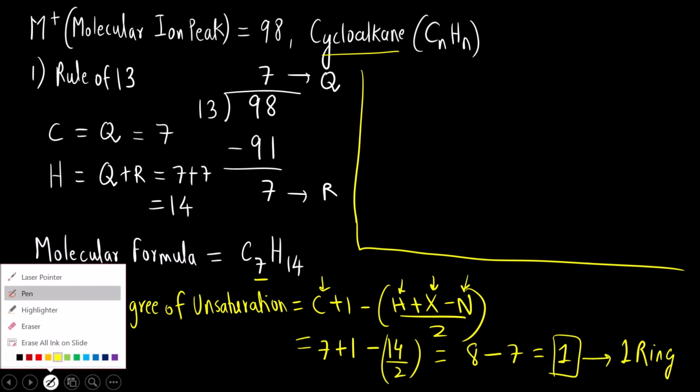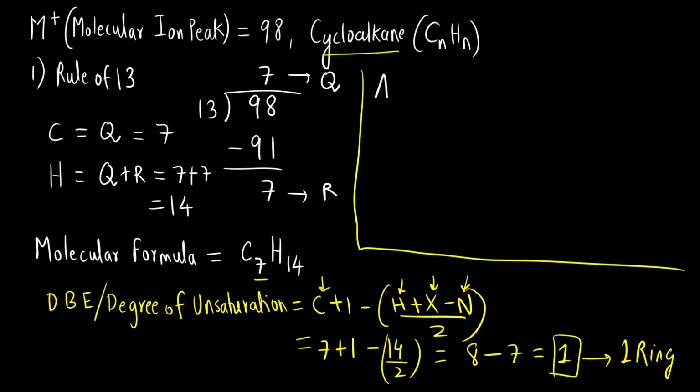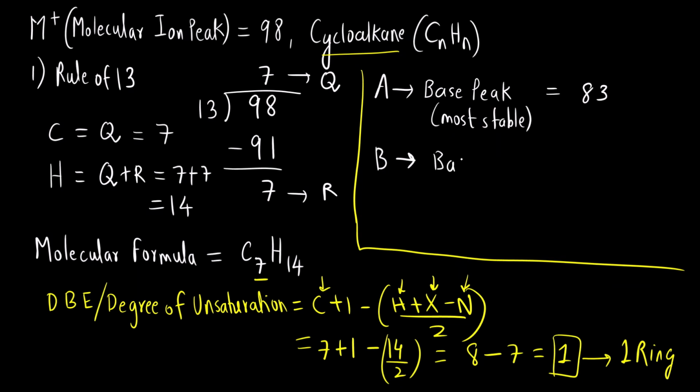So now the question is, how do you identify the compounds? Let us write down what is given to us. For A, the base peak is given, which corresponds to the most stable fragment, and that is 83. And for compound B, the base peak is given at 69.